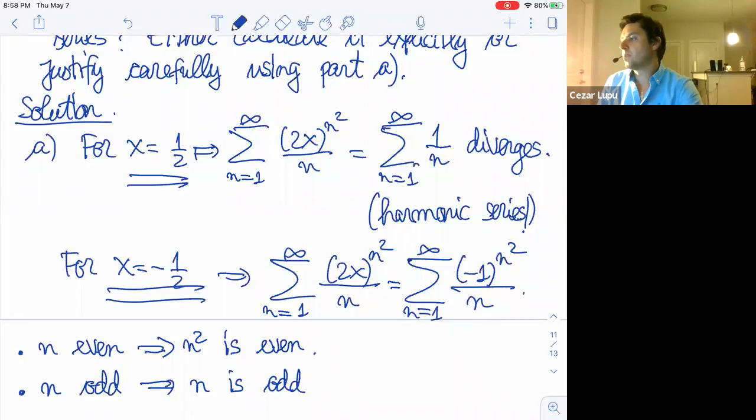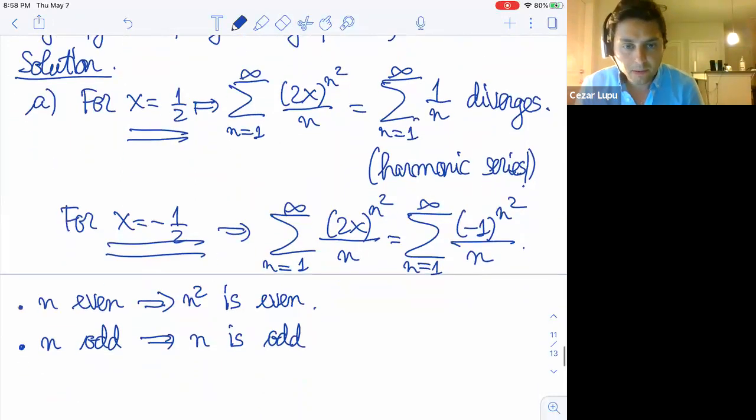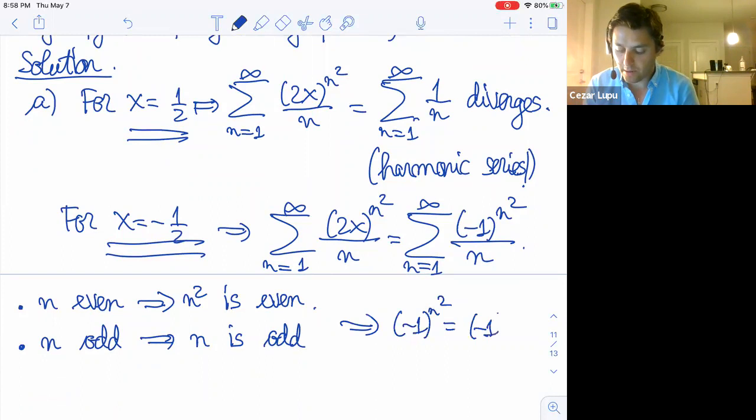So this means that -1 to the power n squared is nothing else than just -1 to the power n.